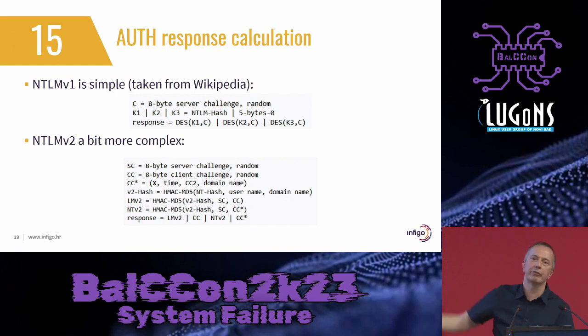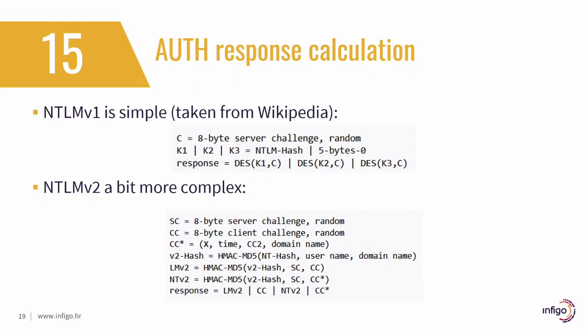If we have NTLM version 1, then we have some simple calculations, but ignore that. If you see NTLM version 1, that's horrible. If we are using NTLM version 2, which is what every recent Windows machine should use, then we have quite a bit of calculation here. We have the server challenge, which are those 8 bytes that we saw in the previous slide. Then the client will come up with some random 8 bytes.